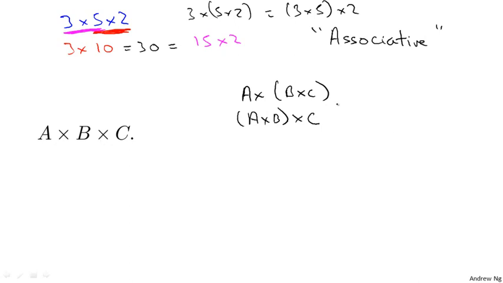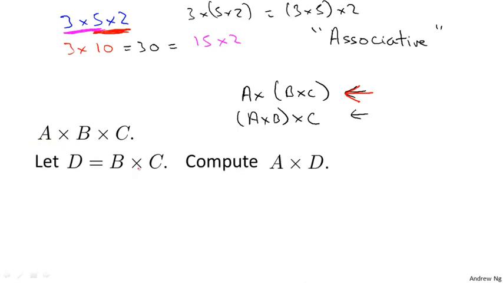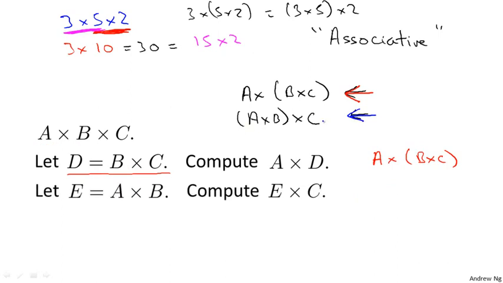Just to be clear what I mean by these two cases, let's look at the first one. If you want to compute A times B times C, you can first compute B times C, so that D equals B times C, then compute A times D. And so this is really computing A times B times C. Or, for the second case, you can set E equals A times B, then compute E times C, and this is then the same as A times B times C. Both of these options are guaranteed to give you the same answer.